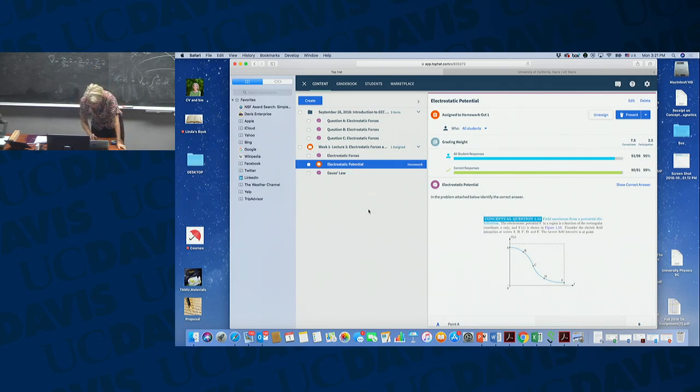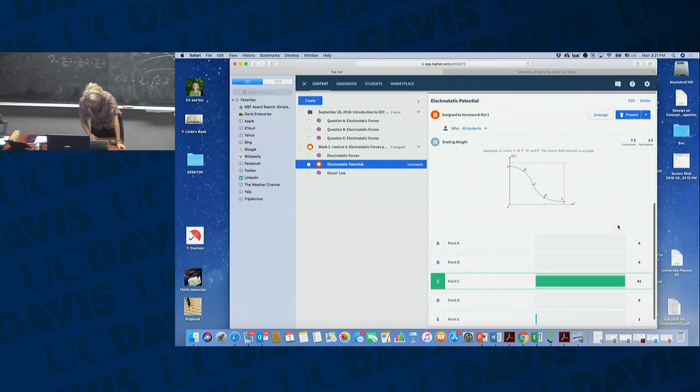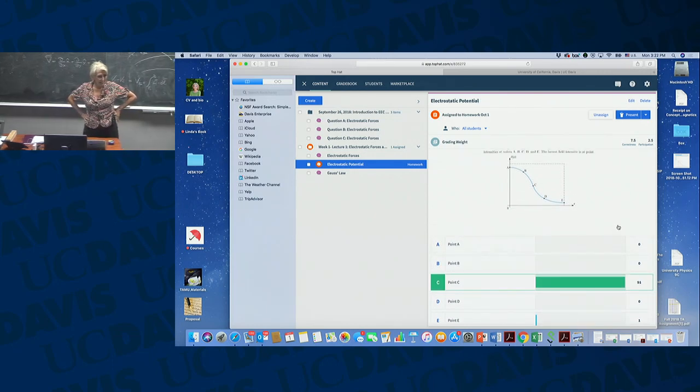Point C is the correct answer. What happens at point C? It has the steepest slope, which means the field is going to be the strongest, because field relates to potential. It's like the derivative. Exactly.